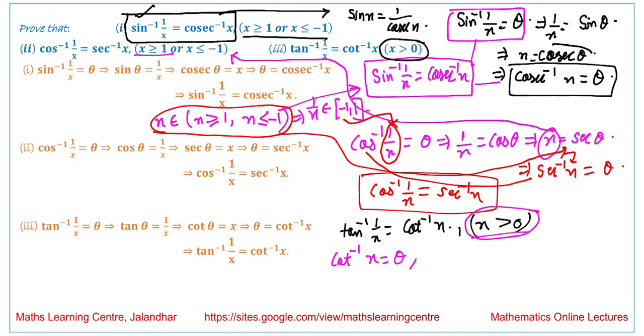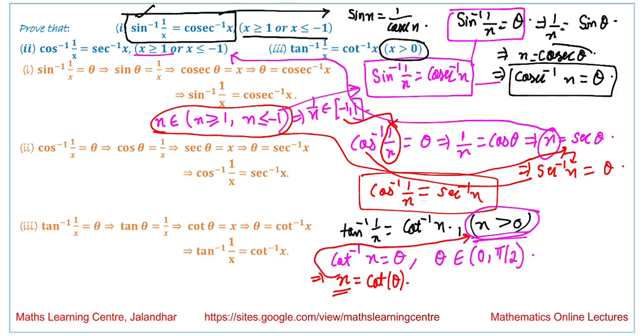This gives us that theta belongs to the interval 0 to pi by 2. We require the value of x to be greater than 0, so x is equal to cot of theta. For x to be positive, theta should belong to the interval 0 to pi by 2.